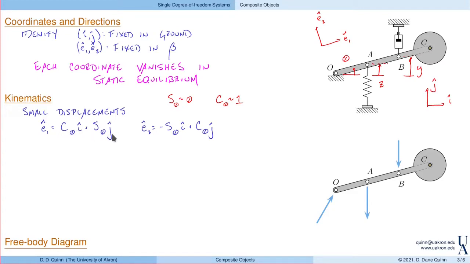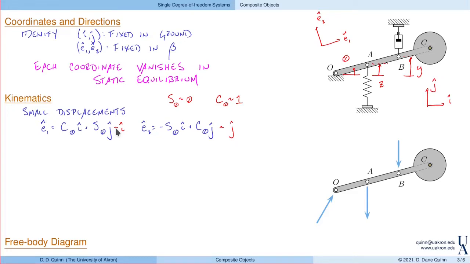So as a result, we're just going to keep the lowest order term here, right? So E1 here is approximately I. E2 is basically in the J direction, right? So for the directions, we'll only keep the dominant directions.